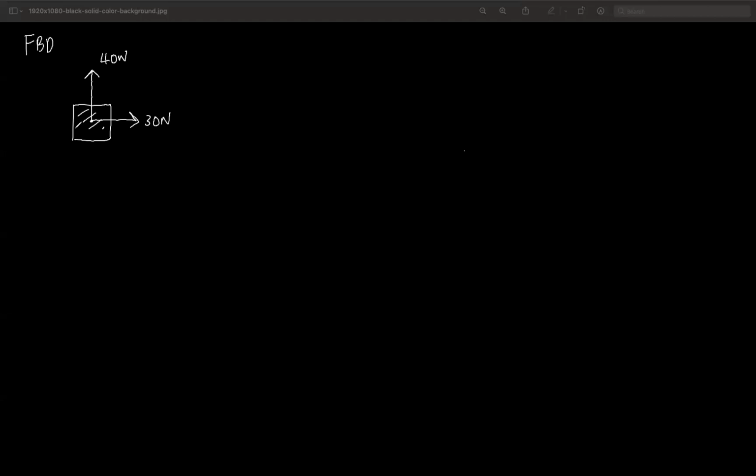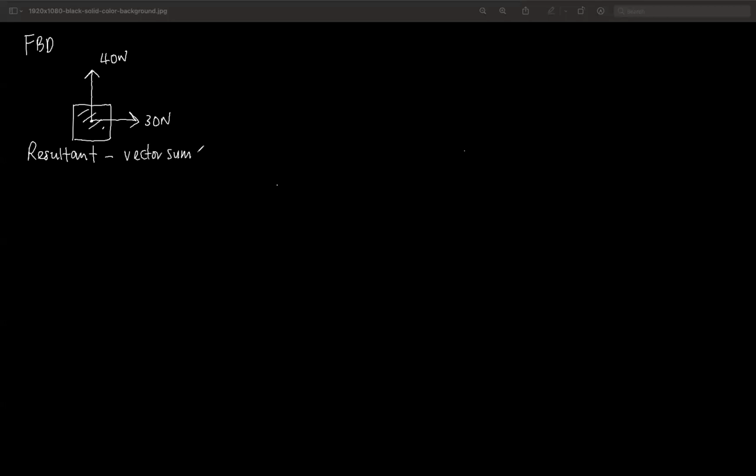Because there's only one object and it's showing the forces acting on it. Now we want to analyze this free body diagram. We want to find out what the resultant is, or whether this object will stay at rest, move, or accelerate. How do we know? We analyze the forces using a method we call the vector summation.